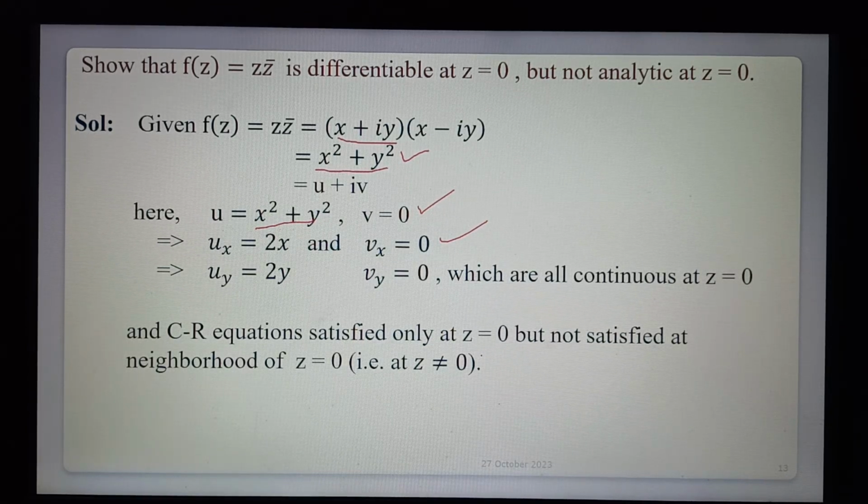But analytic కావాలంటే కంపల్సరీ at the point 0 and at the neighborhood of 0, but at the neighborhood of 0 CR equations are not satisfied. అవునా, it is only at the single point 0 but not at every neighborhood of z is equal 0, it does not satisfy the CR equations. So it is not analytic but differentiable.